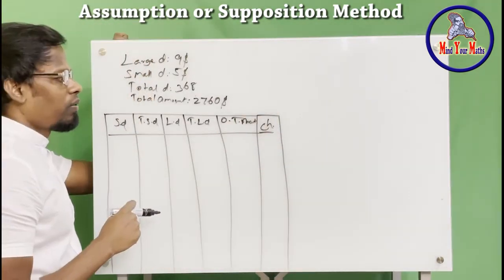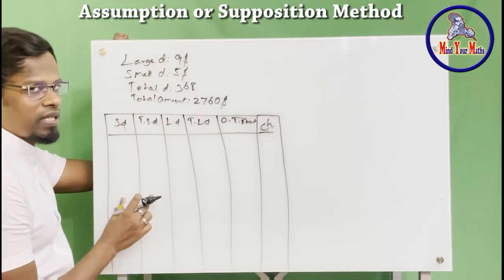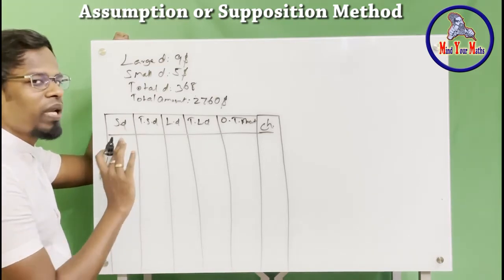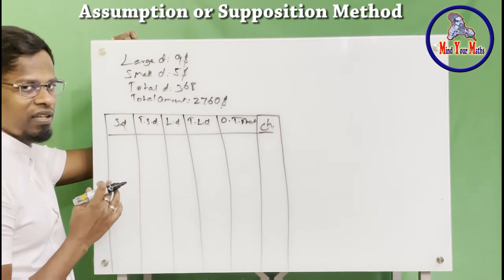Now I will give you a tip on how you can choose the numbers for this table. You can apply this for any kind of problem whenever you use the guess and check method.